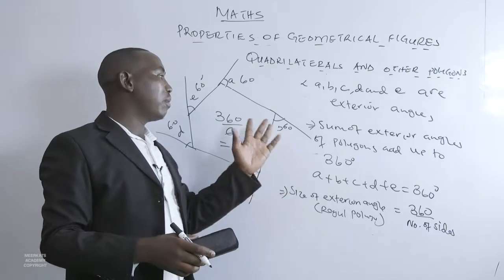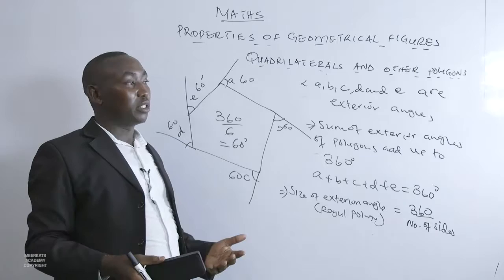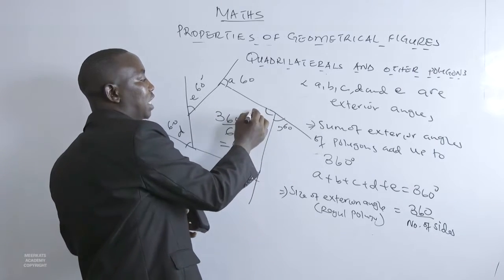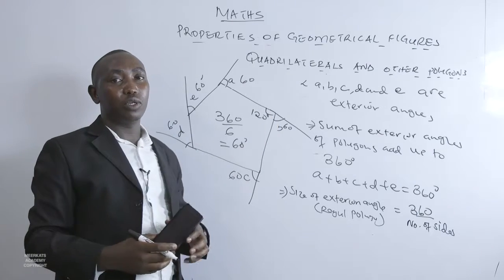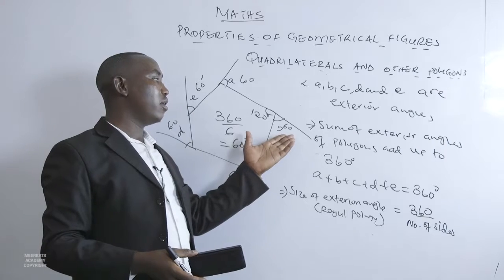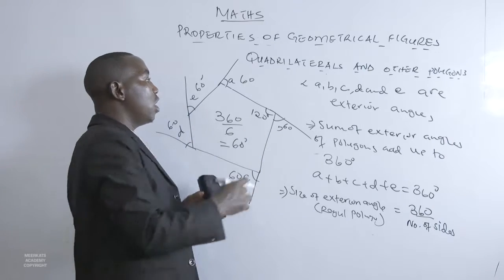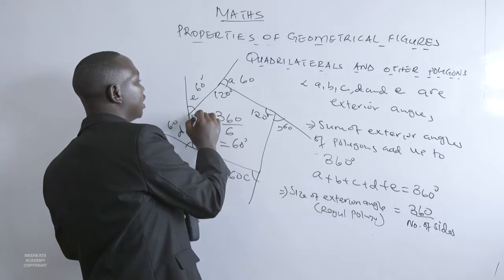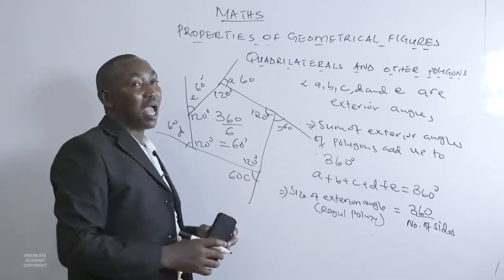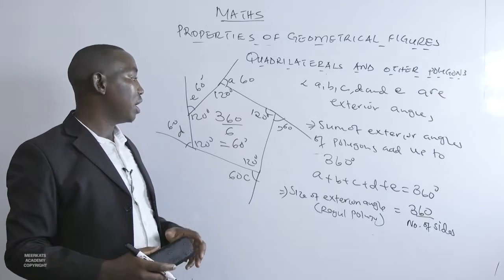That means from the knowledge of the exterior angles, you can get the size of interior angles, because that will be a straight line. And angles on a straight line normally add up to 180 degrees. So subtracting 60 from 180 will give you 120. And given that it's a regular hexagon, all the interior angles are going to be 120 degrees.